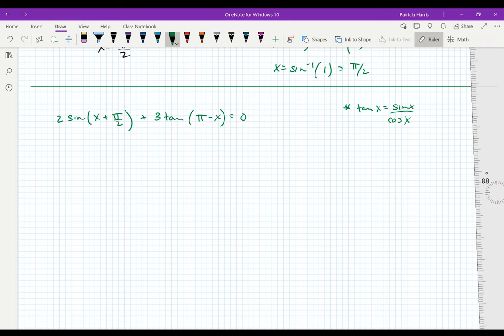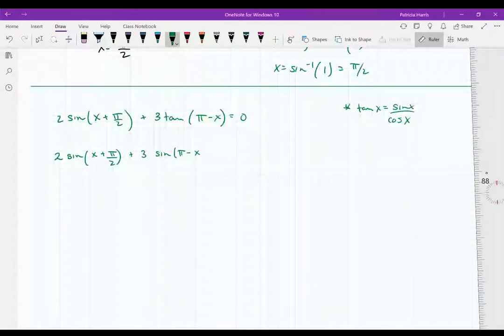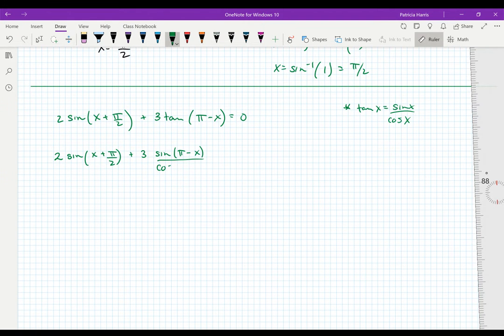So what I'm going to do is go 2 sine of x plus pi over 2, just like that, plus 3 tangent. Whoops, let's change the tangent to sine of pi over cosine.